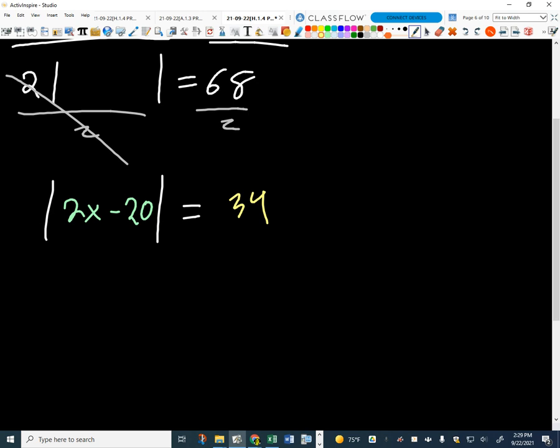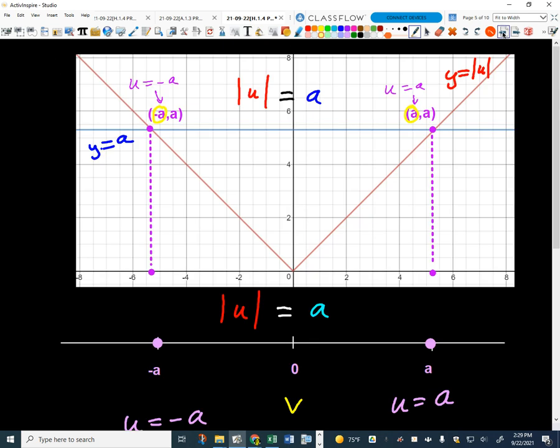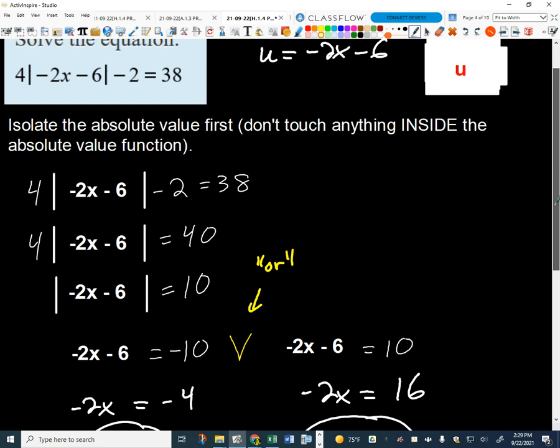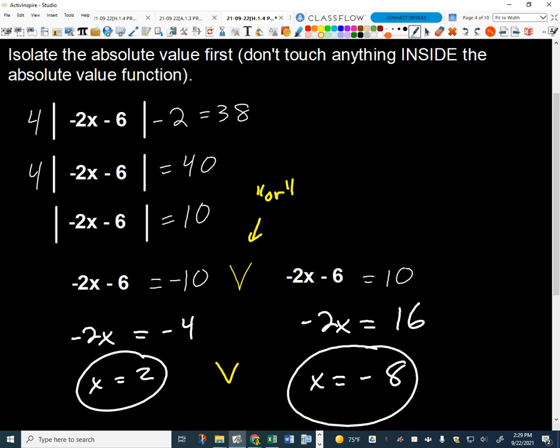Now what can you tell me? Remember, in essence, I'm trading my single absolute value equation for 2 non-absolute value equations. That's the trade we're always going to make. When we get to inequalities here in a couple lessons, we'll do the same thing. We'll have an absolute value inequality that we're going to trade for 2 regular inequalities in the form of a compound inequality.